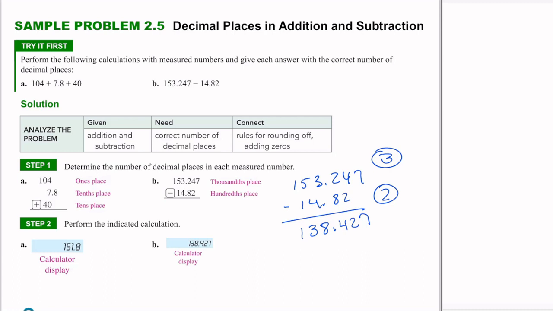Since we have 2 decimal places in the value with the least number of decimal places, we're going to round to 2 decimal places. So our final answer would be rounded to the hundredths place. We look to the right of it and we observe a 7. Since 7 is 5 or more, we're going to round that 2 up to the next digit. So our final answer will be 138.43.